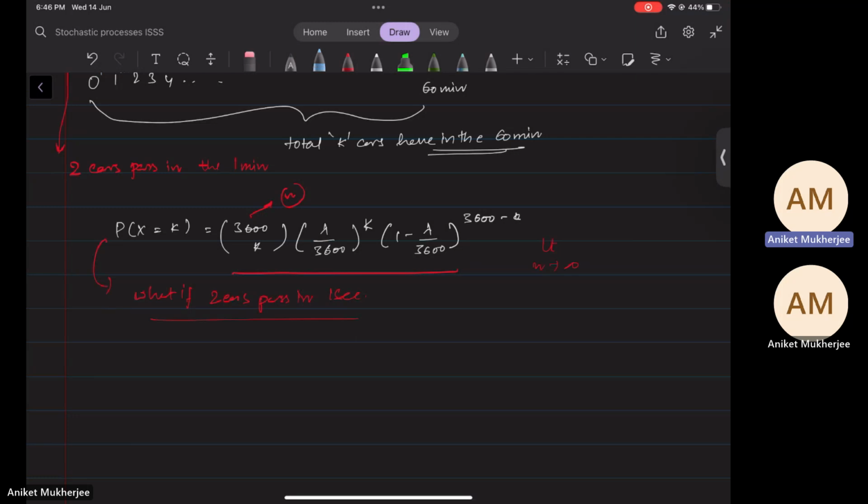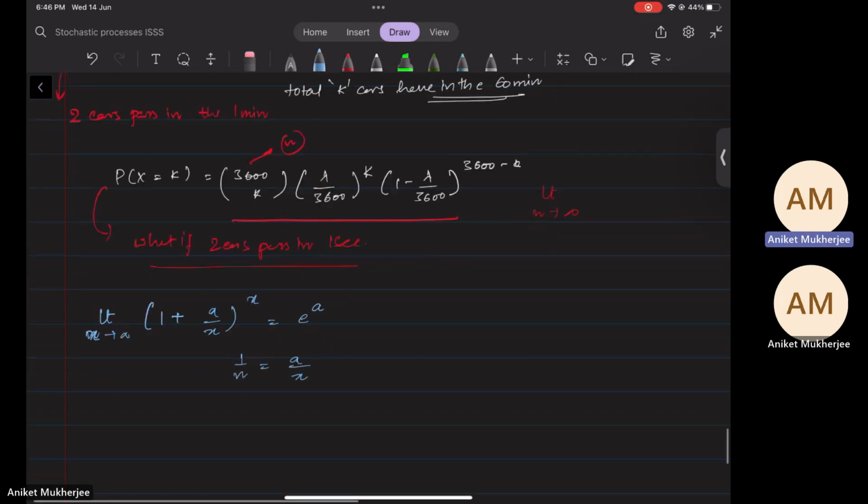Okay, so before that, I'll just give some results. The limit as x tends to infinity of (1 plus a by x) whole power x is equal to e power a. This is a standard result that we know. If we substitute 1 by n equal to a by x, we get x equal to na.